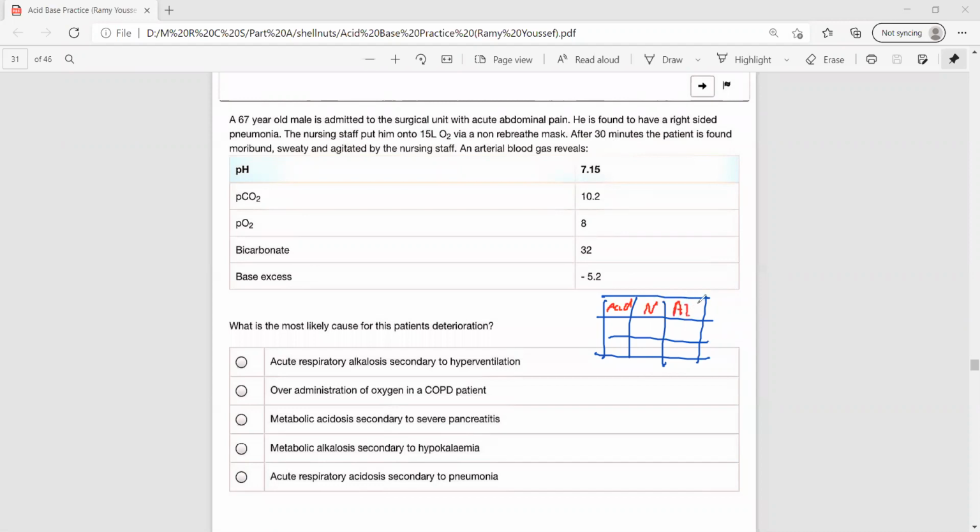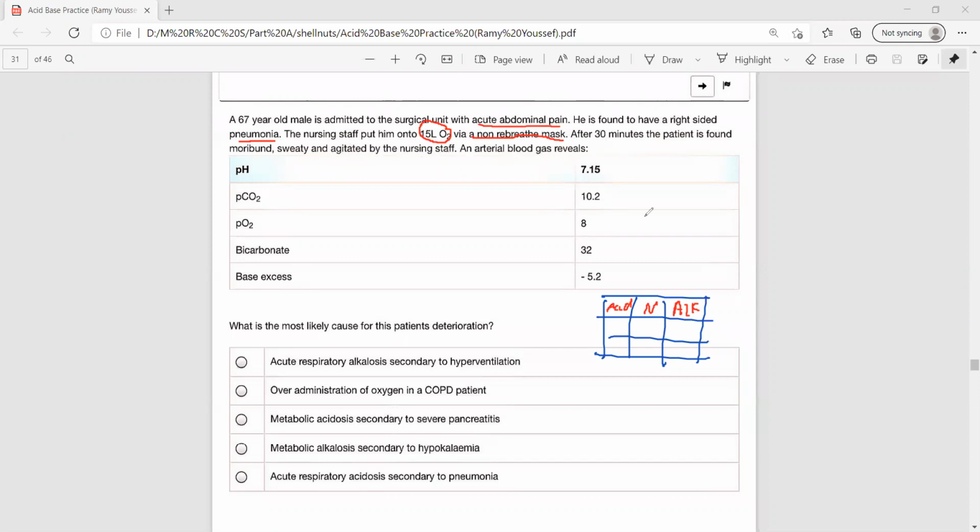An arterial blood gas reveals the pH is 7.15.